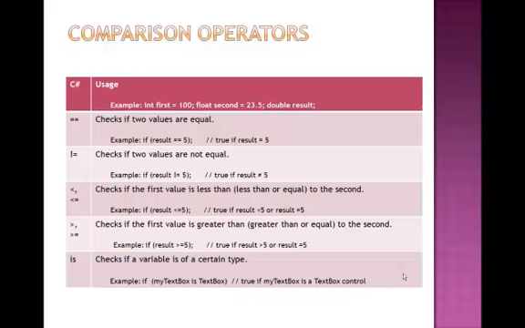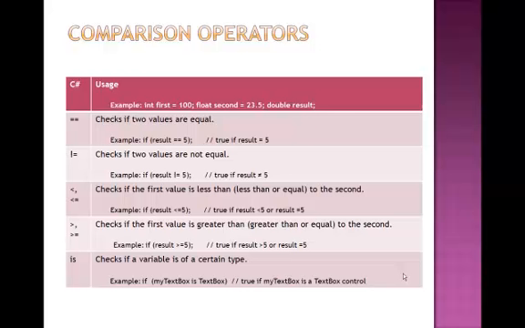And the checking operator, which is called is in C#, checks if a variable is a certain type. So for example, if you want to know if a certain variable is an integer or a float variable, or is it a text box or a label, you could use the is operator, and it would return true or false depending on the type that you compared with.